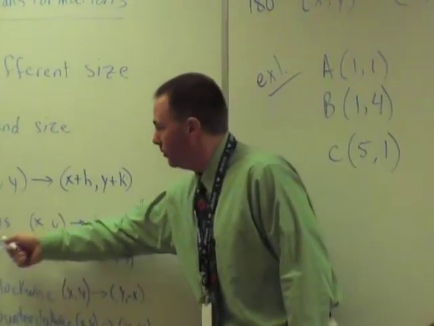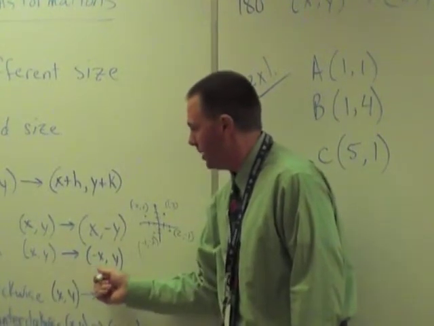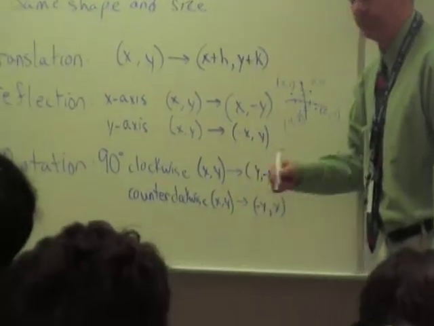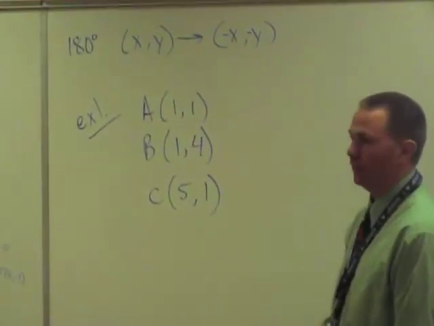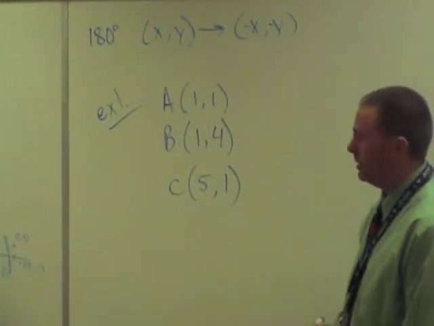So you take out your handy dandy notes. We're reflecting about the y-axis. What happens? The x becomes negative. Yes, if we're reflecting about the y-axis, the x changes, the y stays the same.